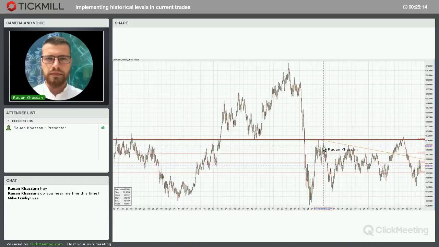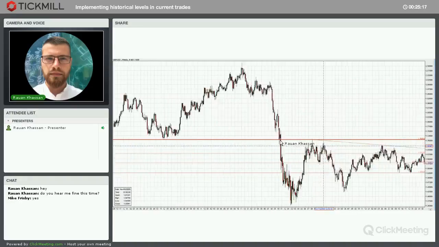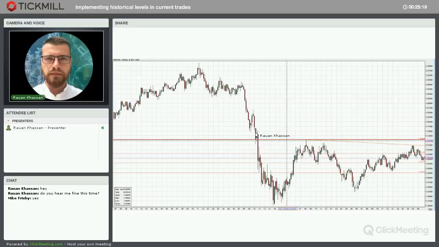During the financial crisis of 2008, this price level was not that helpful, but still it's possible to see how it interacted with the current prices by that time.